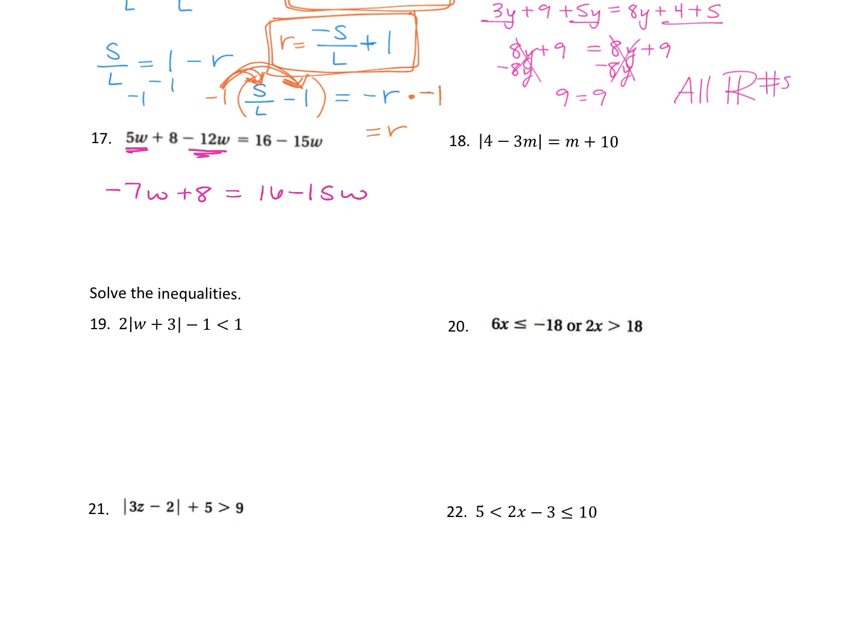I would add the 15w, then you'll get rid of your negative. You don't have to. You could add the 7w, that's fine too. But if you add the 15w, you end up with 8w. And then take the 8 away on both sides. So 8w equals 8. Divide by 8. So w is 1.